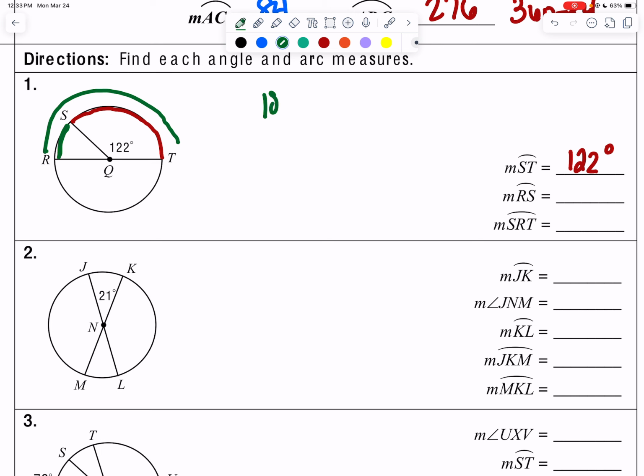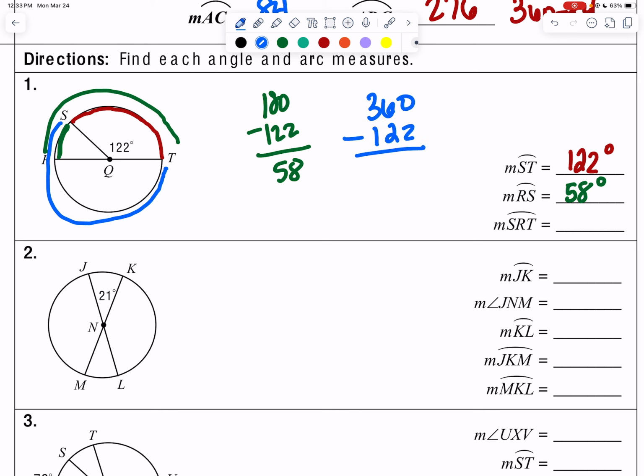So I could just do 180 minus 122, which gives us 58 degrees for the arc measurement of RS. And then for SRT, that's basically everything except the 122. So I'm going to say 360 minus 122, which gives us 238. So this is going to be 238 degrees right here.